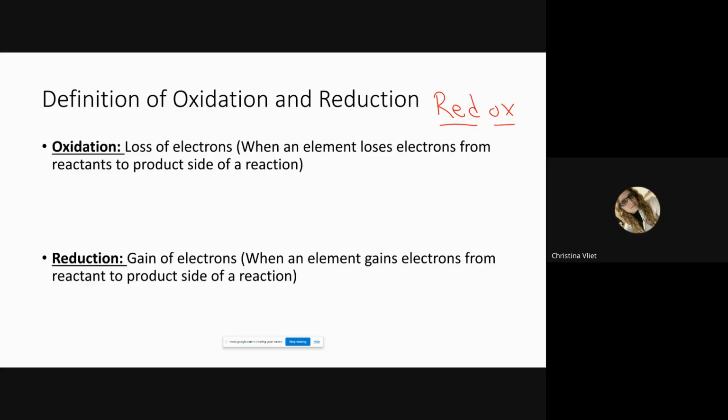And so last class we actually showed this process with a couple of elements. We used the example of MgO. We said that when magnesium goes into the compound MgO, it would lose 2 electrons in doing so.